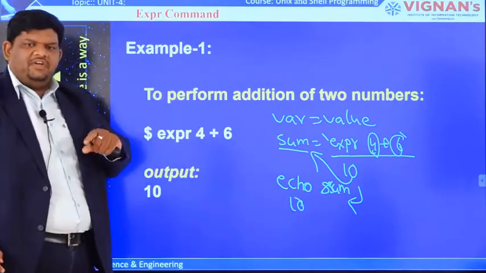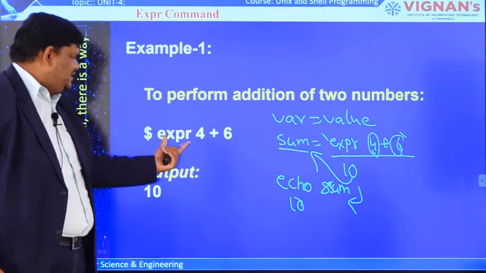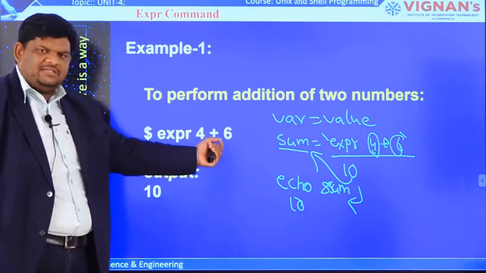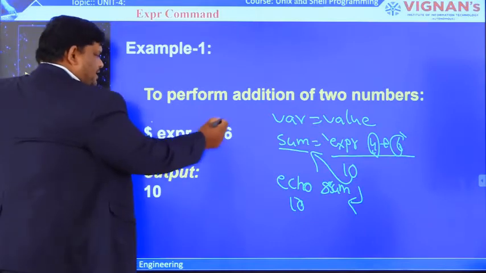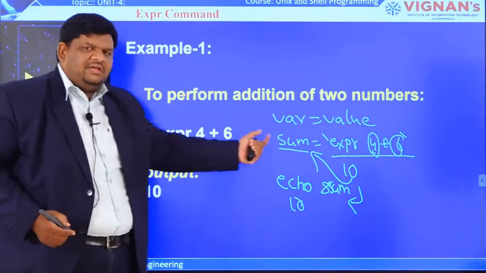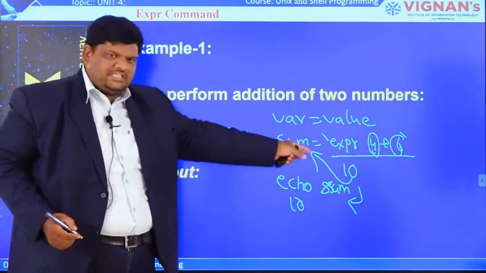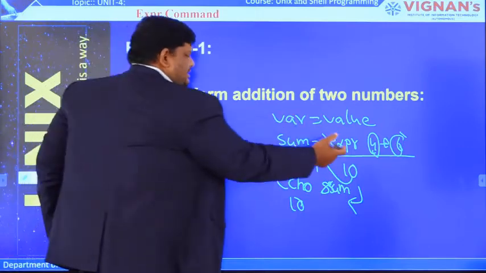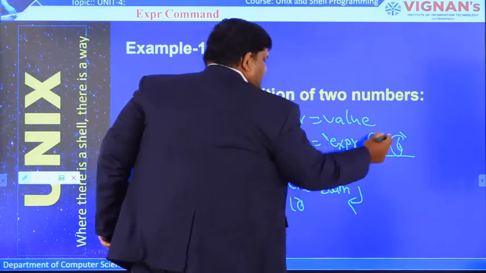If you want to print the value straight away, we can write EXPR space 4 plus 6. There is no need to write any back quotes because we are directly printing the value. If you want to hold the result, then only we write in the form variable equals value. If EXPR is in the value place, then we have to write it in back quotes.